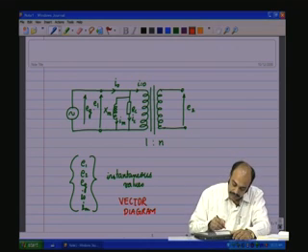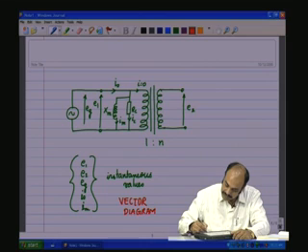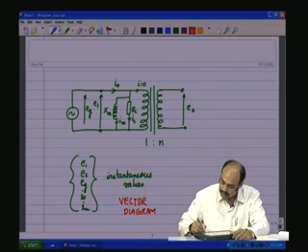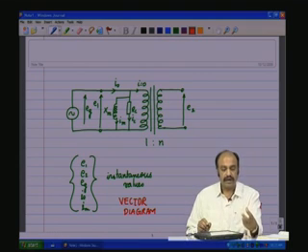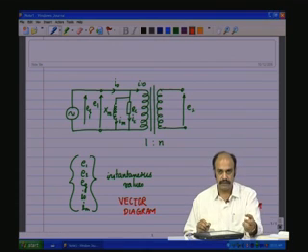And if we are drawing the phasor diagram, we said that the values of the vector represent the RMS values, the root mean square values or the effective values of the quantities.